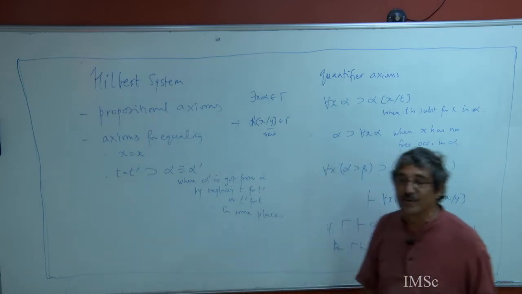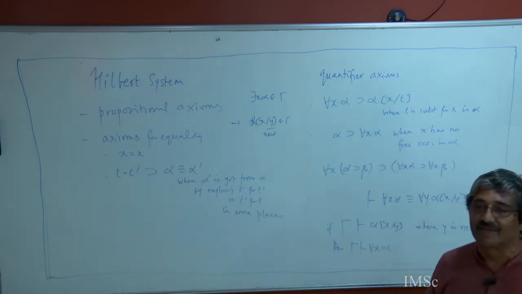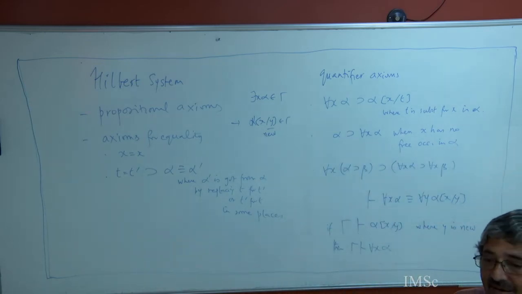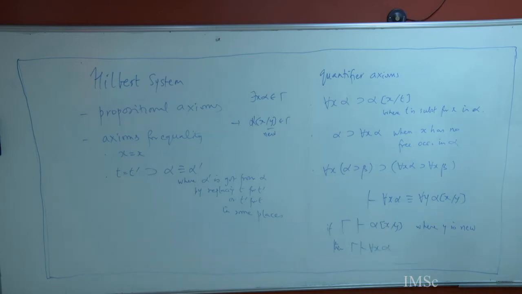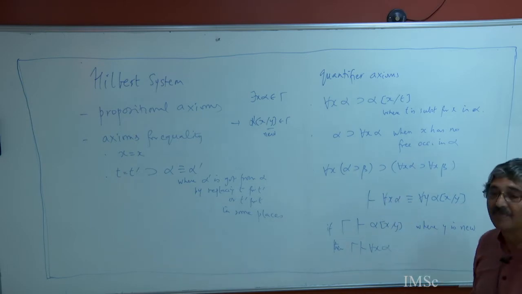How do you ensure that new variables are available? You start with whatever given consistent gamma, rename all your variables so that you have countably many variables available, and do that. And you have to show that that is consistent, where a little bit of trickery is involved, but then everything goes through smoothly. So this was the message of last time, and so this proves the completeness of this system.